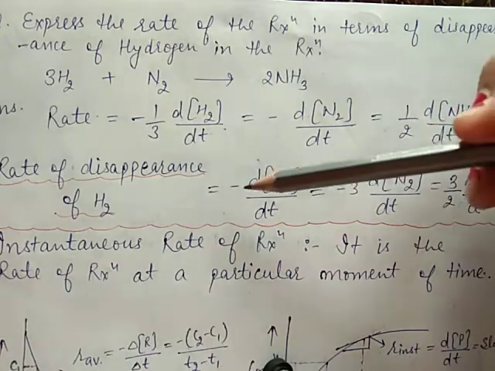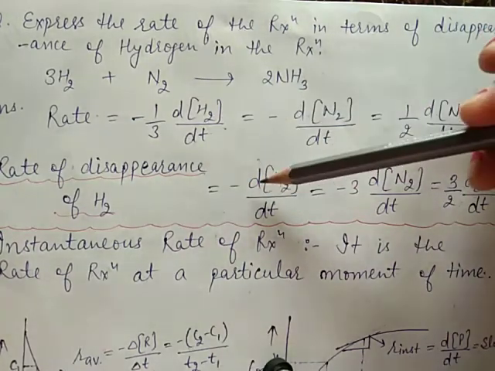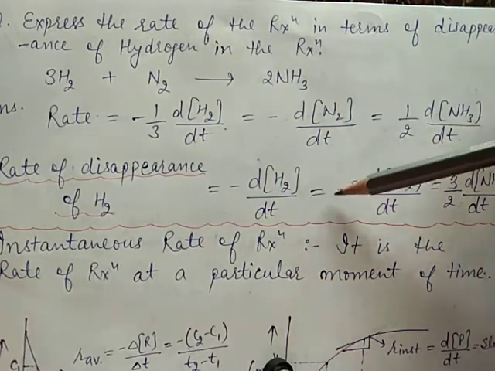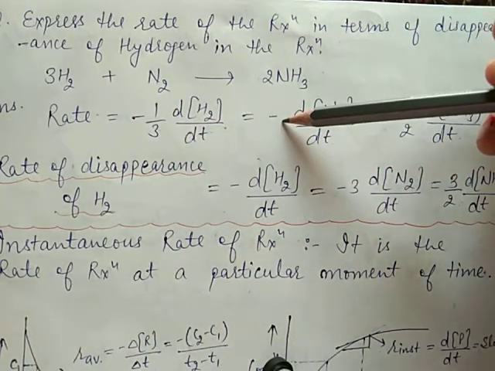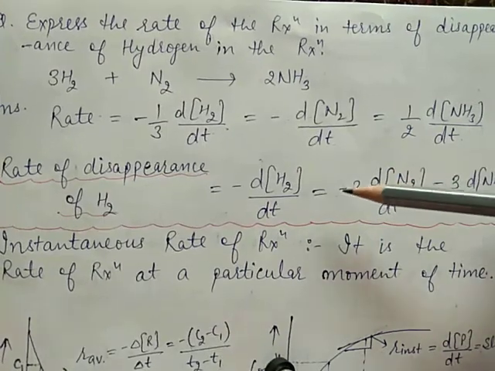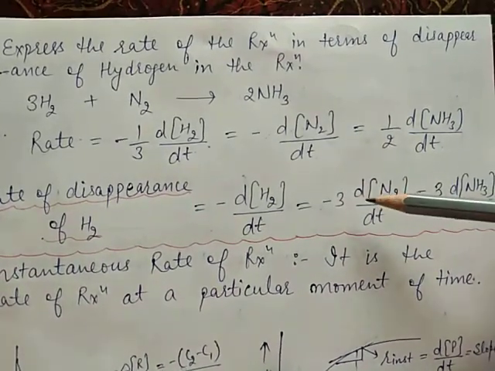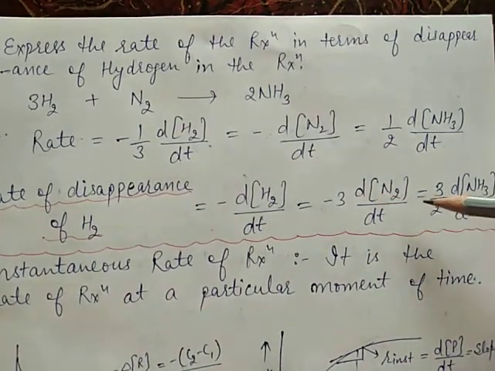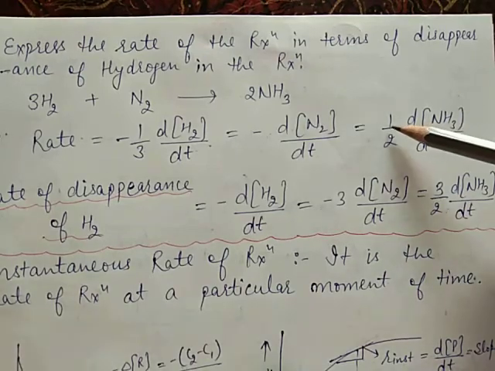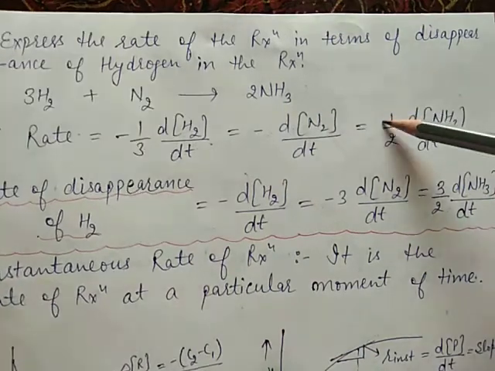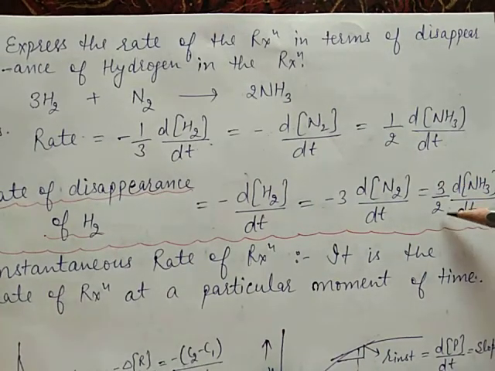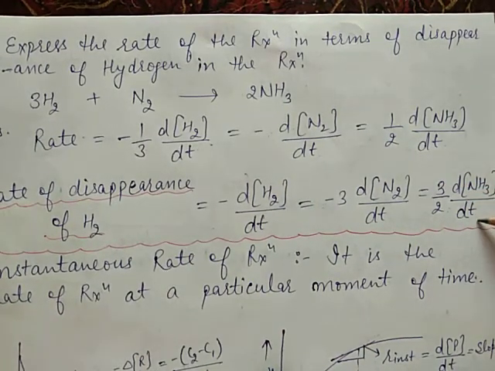So this is minus dH2 by dt, that is equal to, this coefficient goes to this side, minus 3 dN2 by dt is equal to 3 by 2 dNH3 by dt.